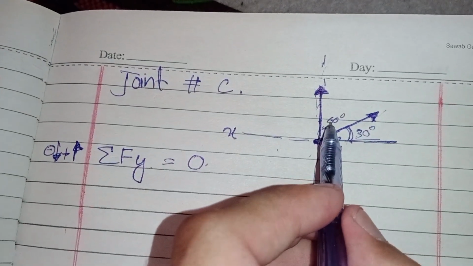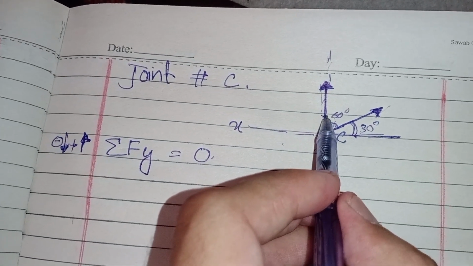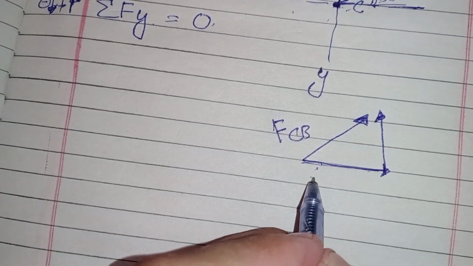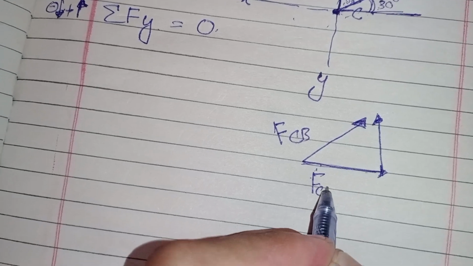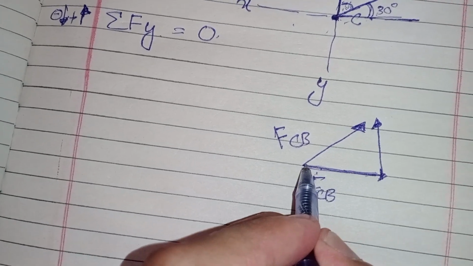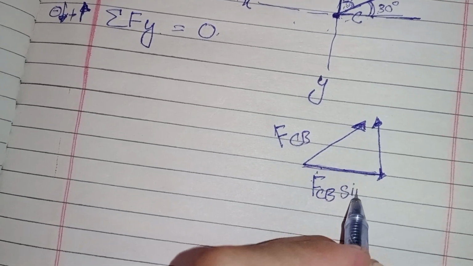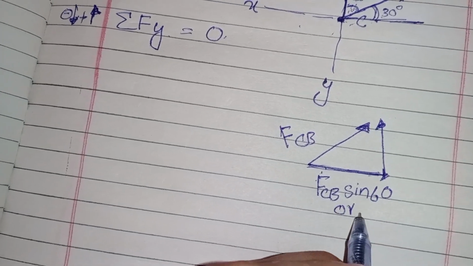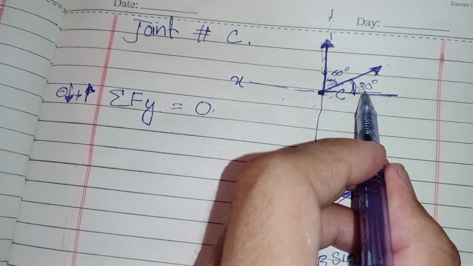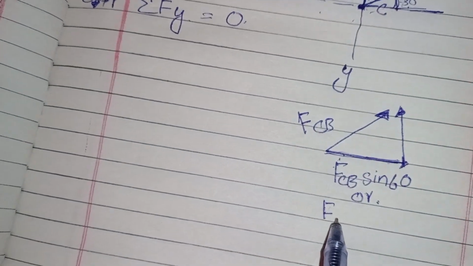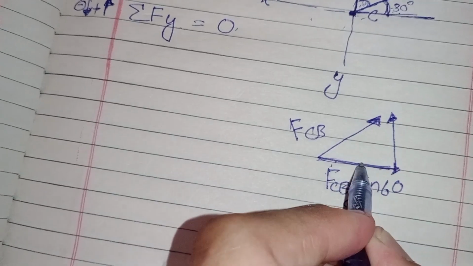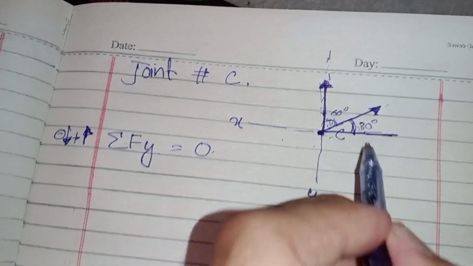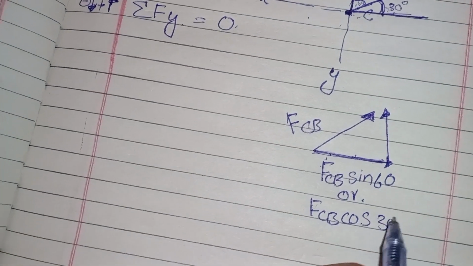If you take this angle which makes with the vertical, with y, then for the horizontal component you have to write FCB sin 60, or you can use this angle, FCB cos 30 degree.